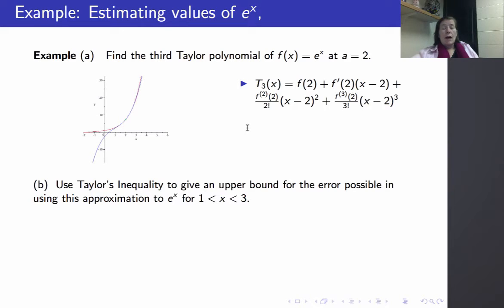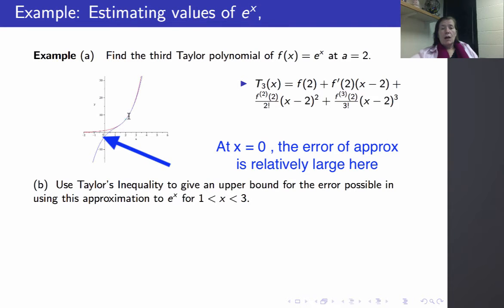And now the value of the function at 2, f of 2, which is e squared, is actually equal to the value of the Taylor polynomial at 2. For values of x close to 2, this is a reasonably good approximation for values of e to the x. However, at x equals 0, this is no longer a good approximation to e to the 0, which is 1.